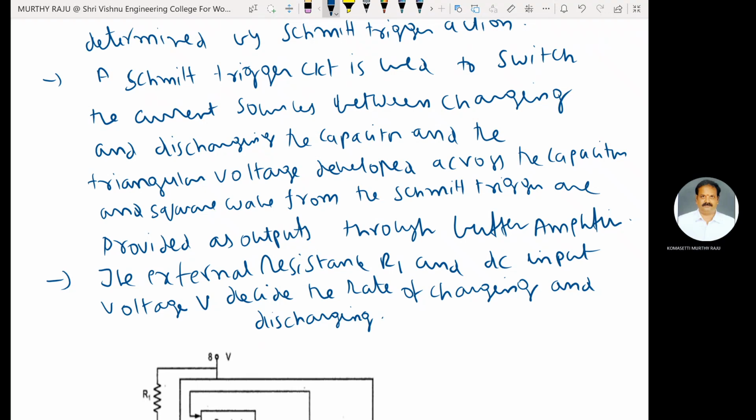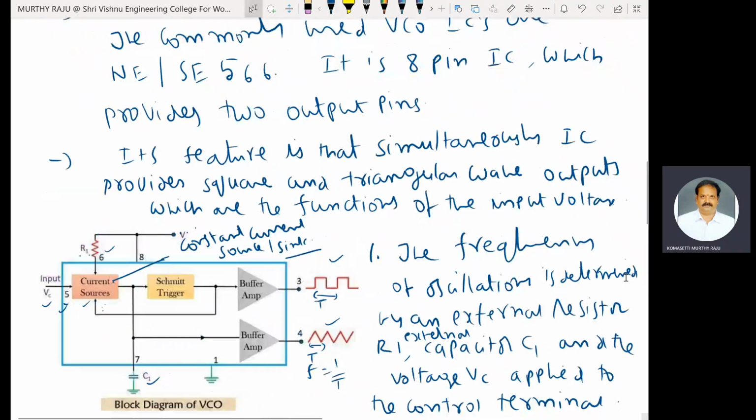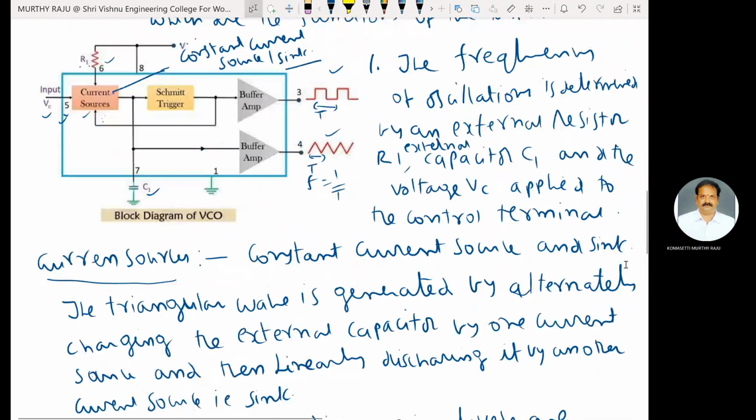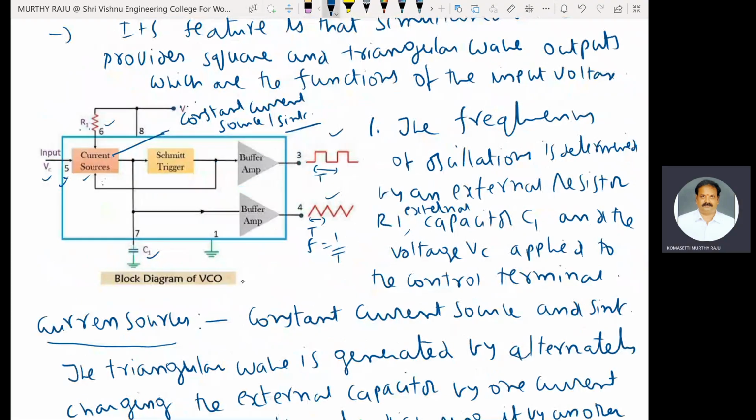This is the theory related to the block diagram of VCO. The charging and discharging of this capacitor with the help of a current source and control voltage, an externally applied DC voltage, and the external resistance R1 generates a triangular waveform. This triangular waveform is obtained at the fourth pin of this IC through a buffer amplifier.